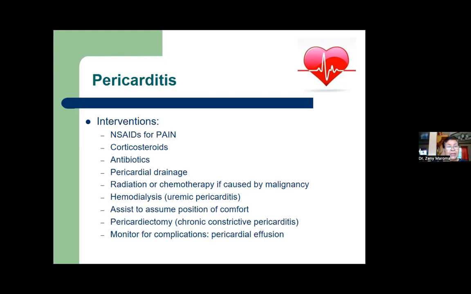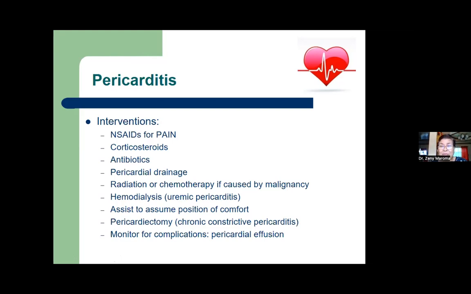Now, whatever the cause, whether inflammatory or infectious, the complication is pericardial effusion, which inhibits the entrance of blood into the heart chambers. So therefore, we have to remove the fluid.